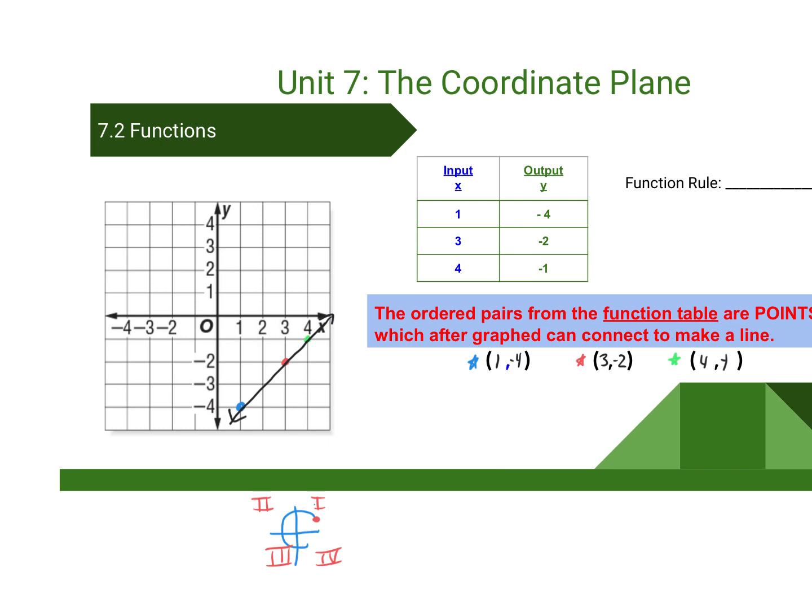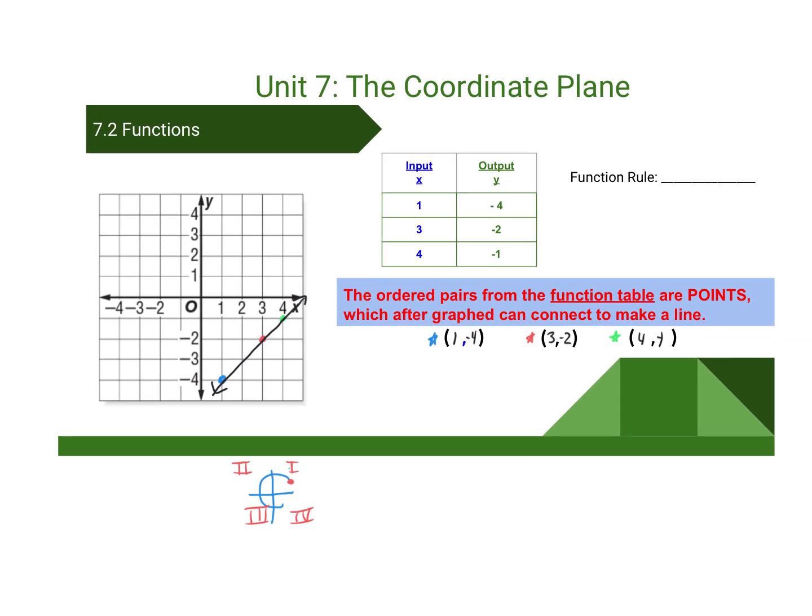And now I need to figure out my rule. What did I do to go from x to y? So I'm going to take a look and see. Did I go up or down? It looks like I went down since I went from a positive to a negative. So let's see, if I did 1 minus 5, that would give me negative 4, but let me try it. What's 3 minus 5?